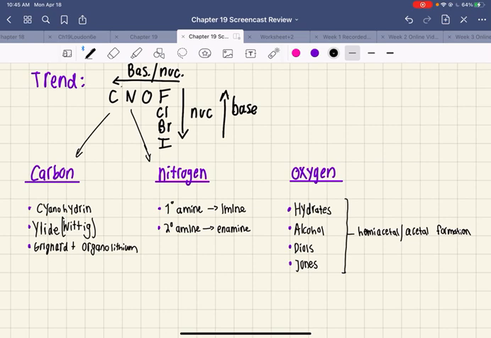In the nitrogen, we have primary amines and secondary amines. Primary amines yield imines, and secondary amines yield enamines. Oxygens have hydrates, alcohols, diols, and the Jones reagent, and they all contribute to the formation of hemiacetals and acetals.